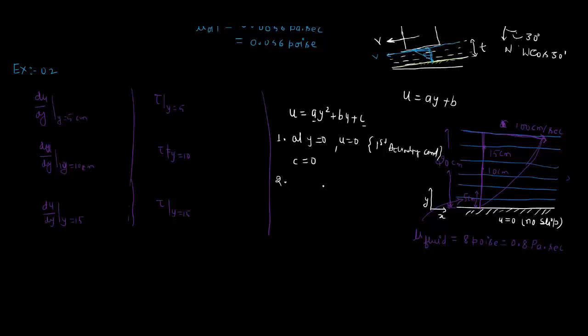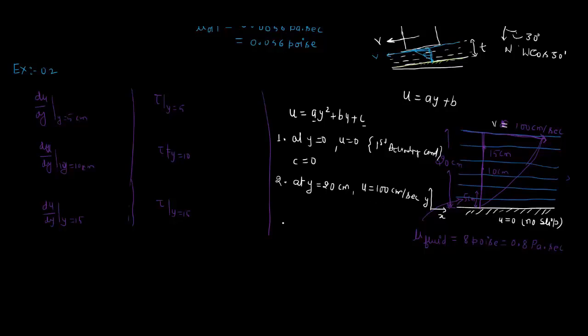What is the second boundary condition? At y equals to 20 centimeter, I know the velocity, it is 100 centimeter per second. So at y equals to 20 centimeter, u is 100 centimeter per second.